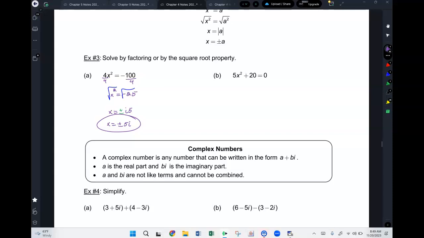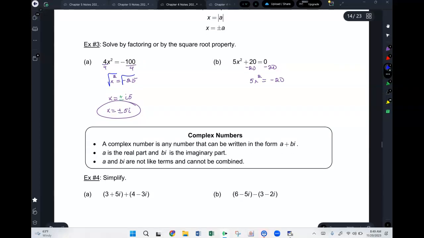Okay? All right, let's do the next one. Let's move the 20 to the other side. Okay? Now what would you do next? Divide by 5. So x squared is -4.